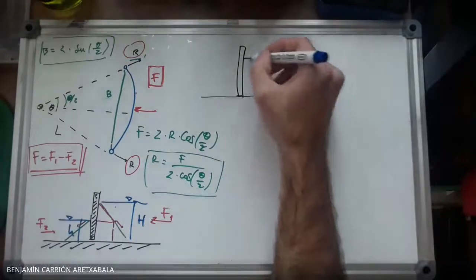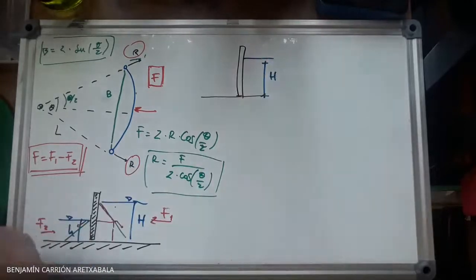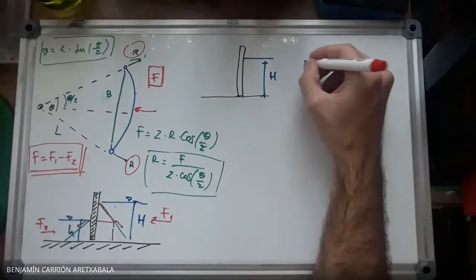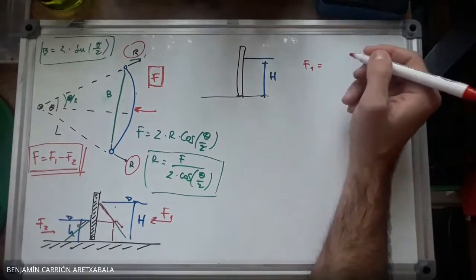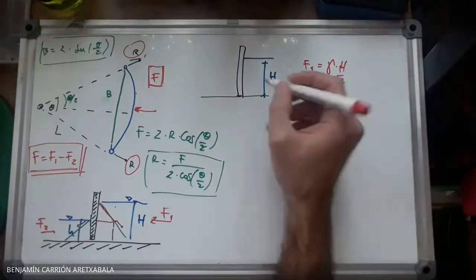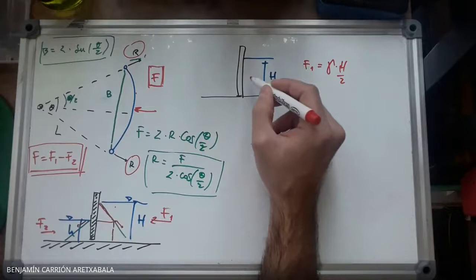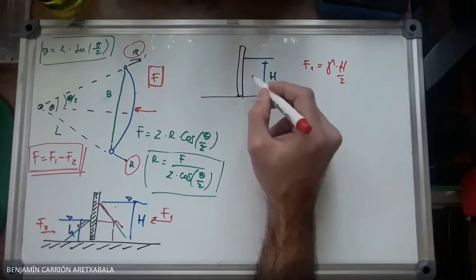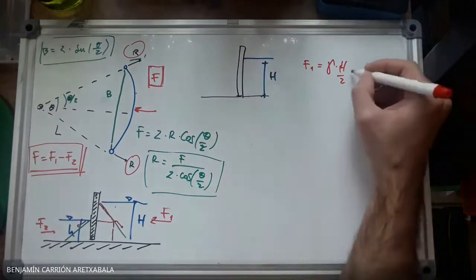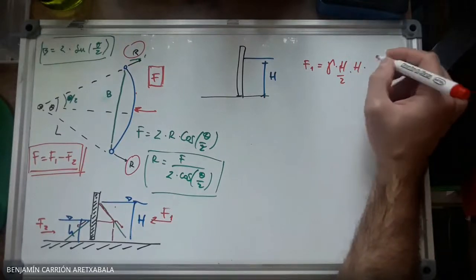If you have a certain water depth at H, then F1 is nothing more than gamma H over two, because that's the center of pressure, right? Which is the midpoint between the top and the bottom, times the area, and the area is H times B.